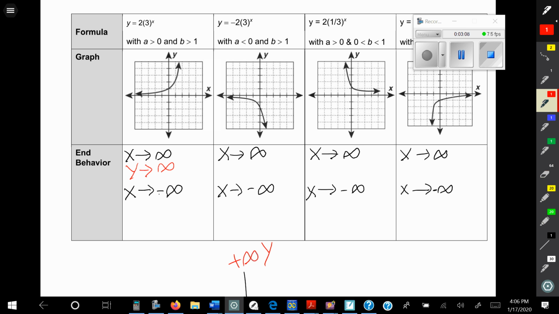Now, as I go to negative infinity, y is getting closer and closer and closer to 0. As I keep going this way, it's not going below, it's not going negative. It's steadily getting closer and closer to 0. So as x goes to negative infinity, y goes to 0.